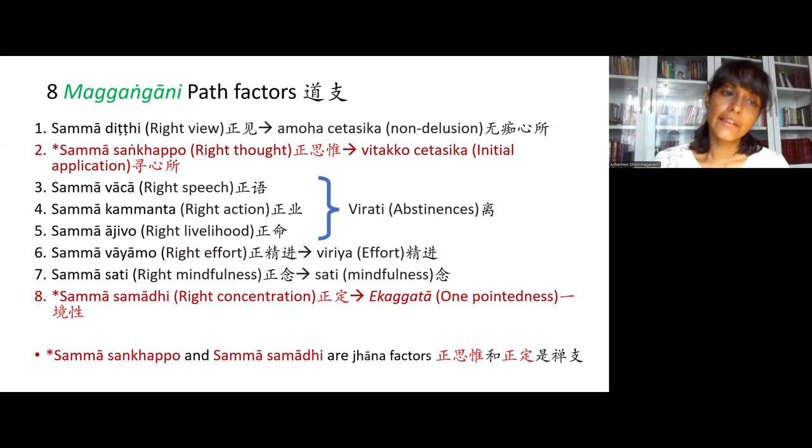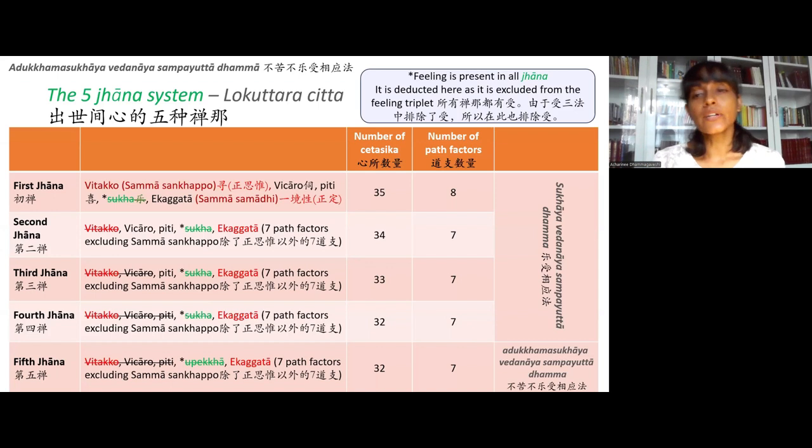So again, these are the 8 path factors, and Samma Sankappa and Samma Samadhi are also jhana factors. And looking at this table again, this we have already discussed. So we'll just look at only the 5th jhana, this last row, which gives us 32 cetasika in total and 7 path factors.